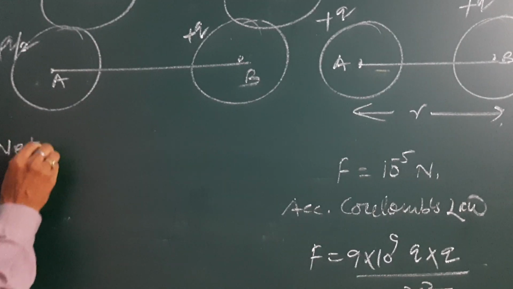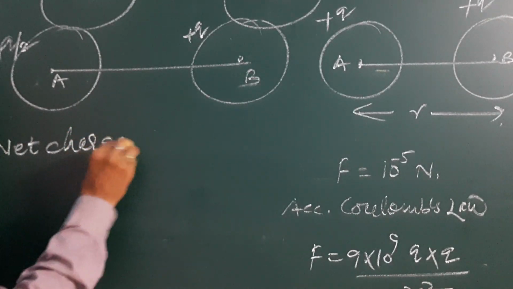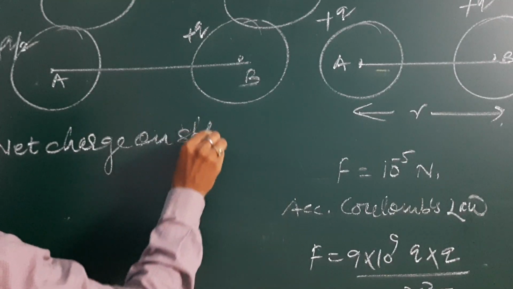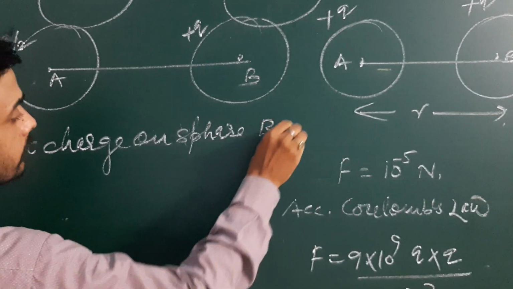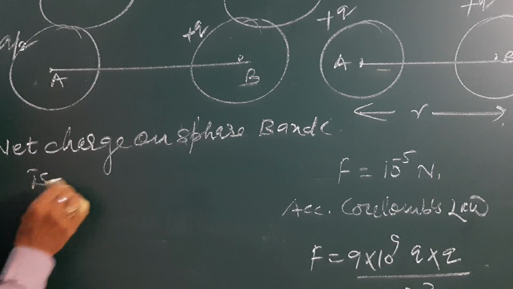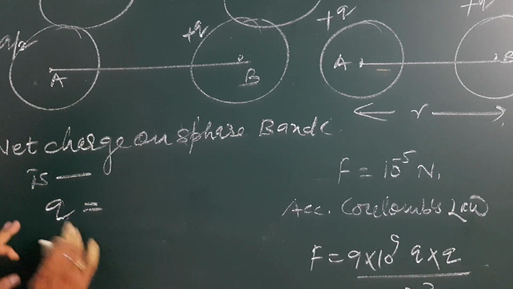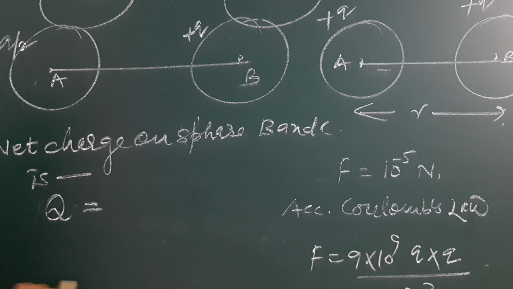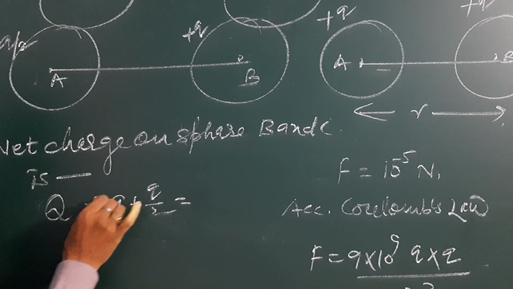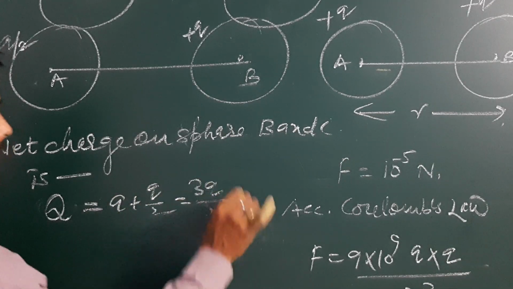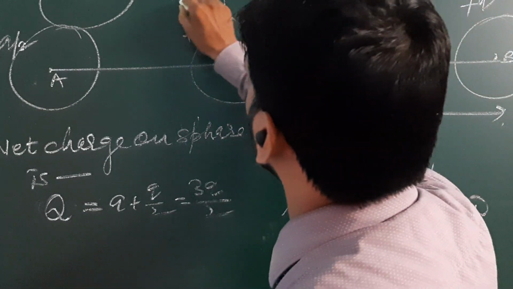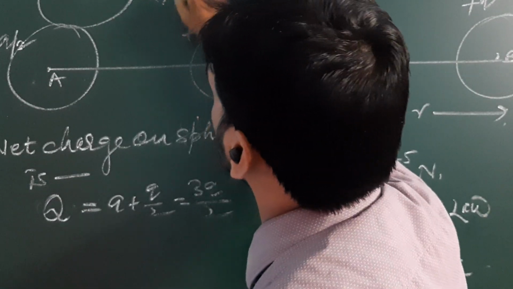The net charge on spheres B and C is Q plus Q by 2, so it will be 2 plus 1, 3Q by 2. This combination has a net charge of 3Q by 2.